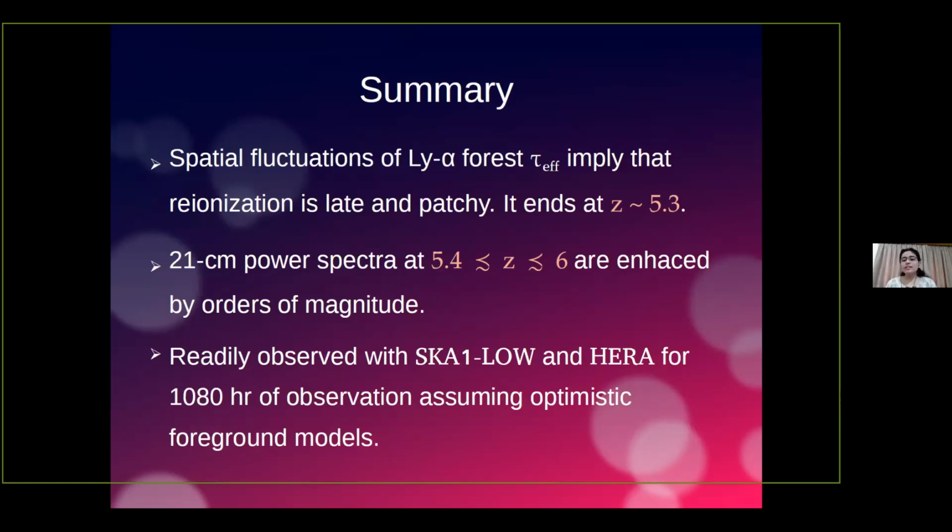It ends at redshift 5.3, which means that there is large power in the brightness temperature of the 21 centimeter signal at redshift 5.4 to redshift 6. And this enhanced power should be detectable by SKA1-low and HERA with 1080 hours of observations and optimistic foreground models. So I'll stop here.